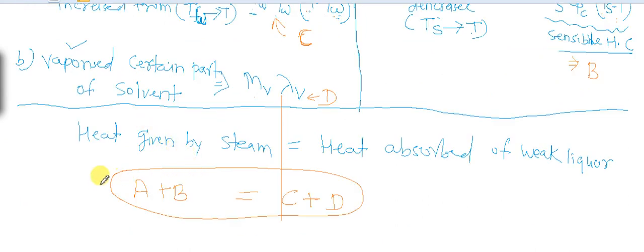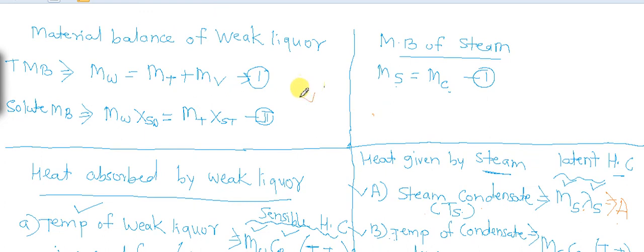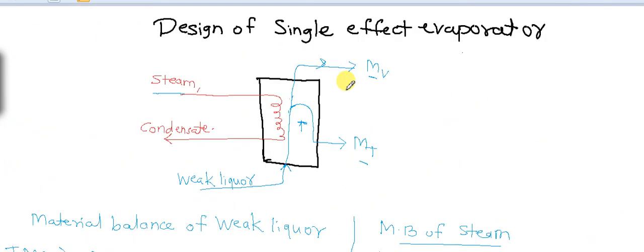This is concerned to the energy balance equation. Okay, this energy balance equation I have already written here in simplified form, and here we have the mass balance equation. With respect to this, I write down some of these values: MS means mass flow rate of steam, Ts is the temperature of steam, condensate mass flow rate is MC, while its temperature is T, temperature of inlet weak liquor is TW.